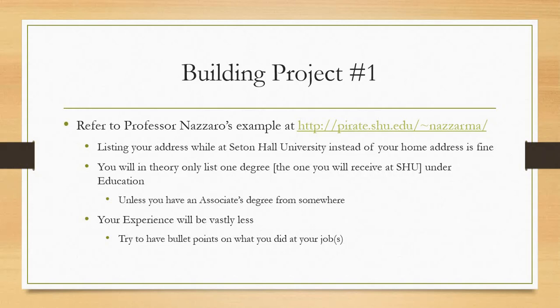You will, in theory, have only one degree listed, the degree you'll get at SHU, unless you have an associate's degree or some other kind of degree from somewhere else. Your experience is obviously not going to be as advanced as Professor Nazzaro's or mine, but at least try to have some bullet points of what you specifically did at these jobs you may list.